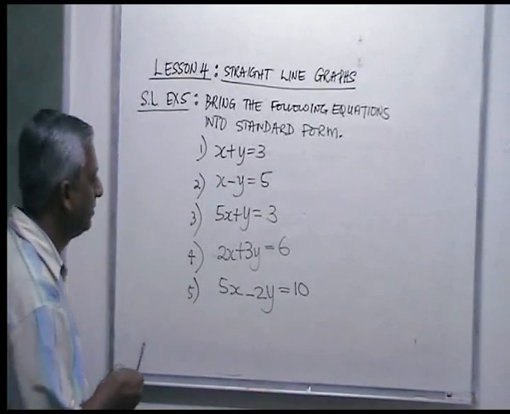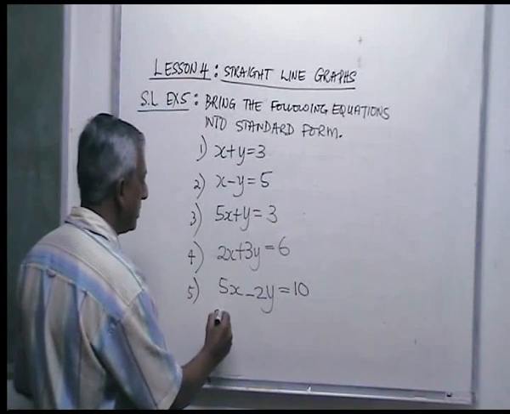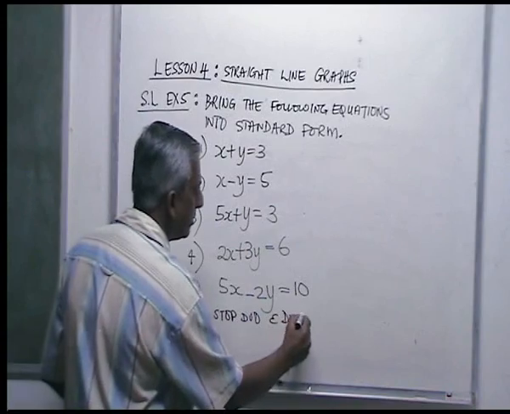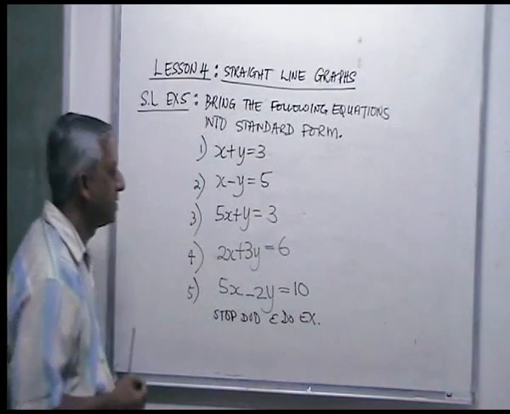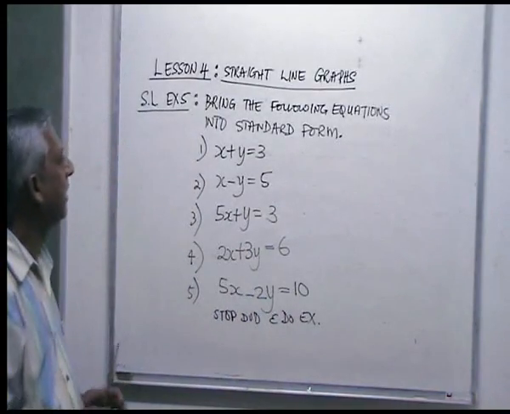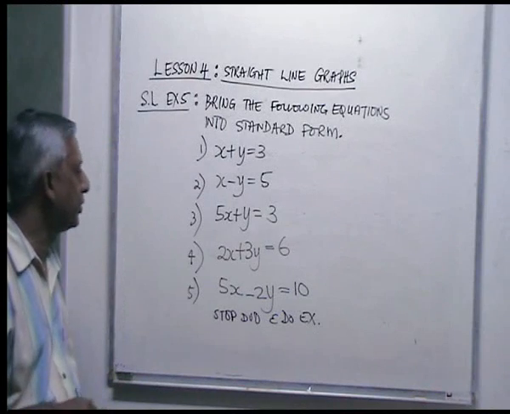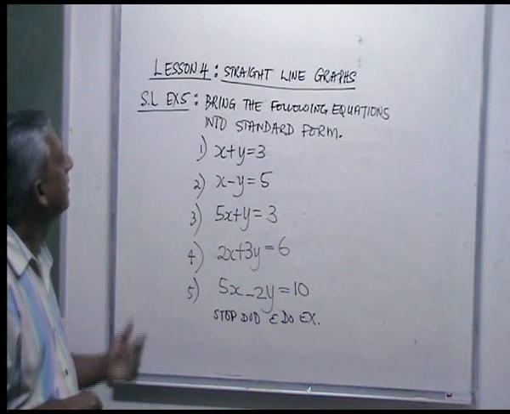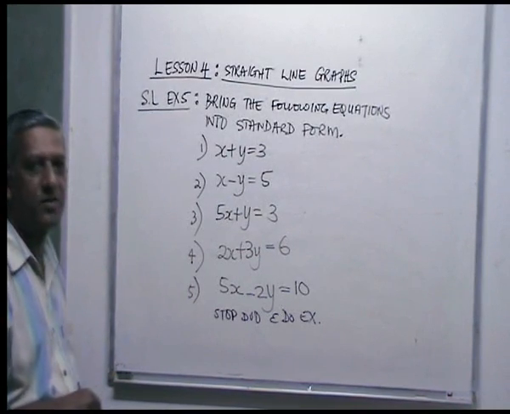Alright, so what you must do now is stop the DVD and do the exercise, and then come back, and then I will mark them and show you what the correct answers are. Alright. Great, go and do exercise 5.